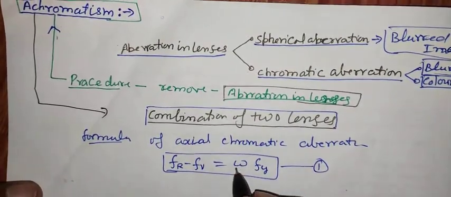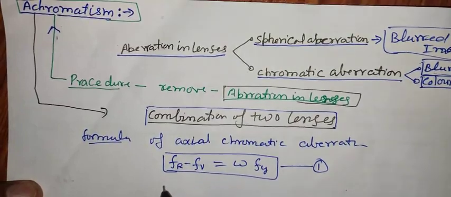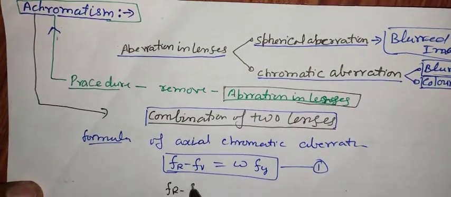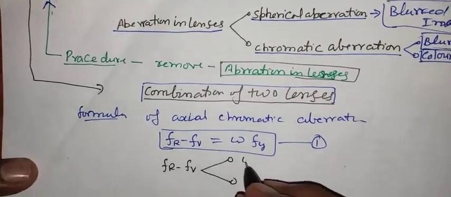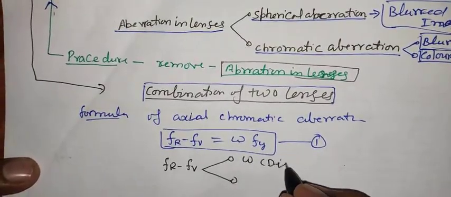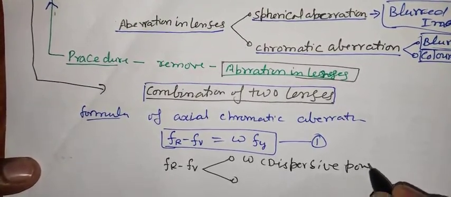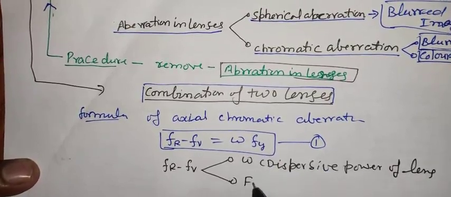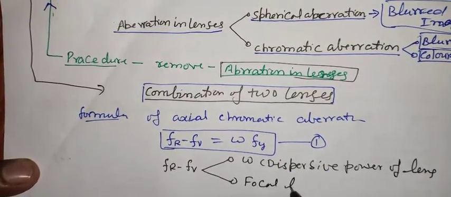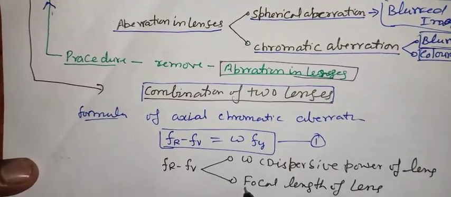Equation number 1 clearly says that the aberration, that is Fr minus Fb, depends on two factors. First, omega, that is the dispersive power of the lens, and second, the mean focal length of the lens.